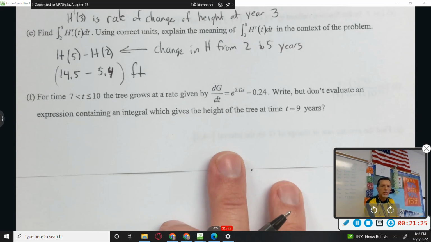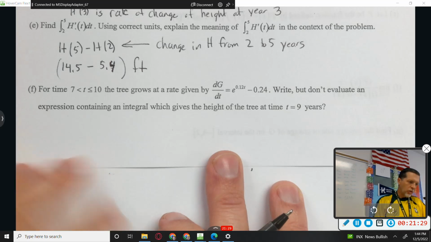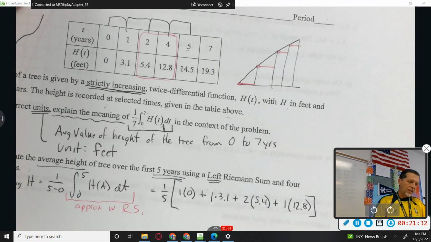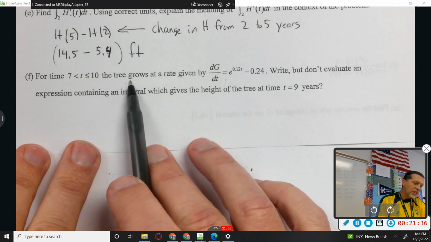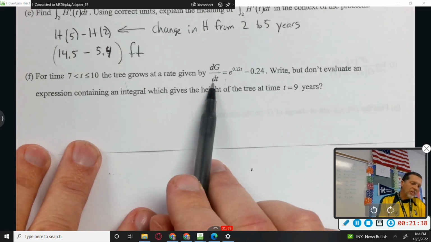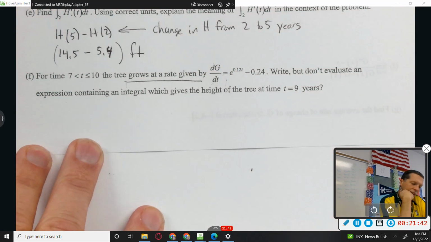Part F. For 7 to 10, I look at my table and there's nothing, but they give me the rate by dg/dt. Right, but don't evaluate.